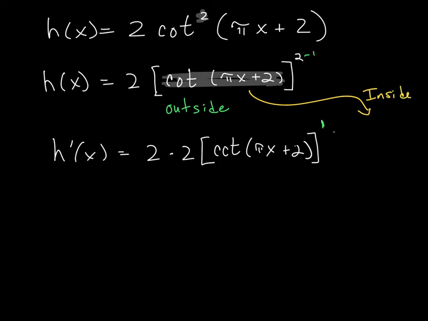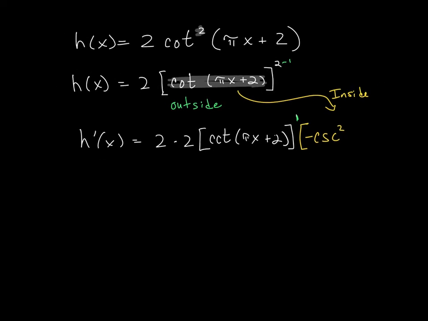To take the derivative of the inside, I need to take the derivative of the cotangent, which is minus the cosecant squared. But again, I have another inside piece. The inside part stays the same, which leaves me with pi x plus 2. But again, one more time, I've got to take and multiply this times a derivative of what is inside that. In this case, pi is treated as a constant, so it's just going to be pi.